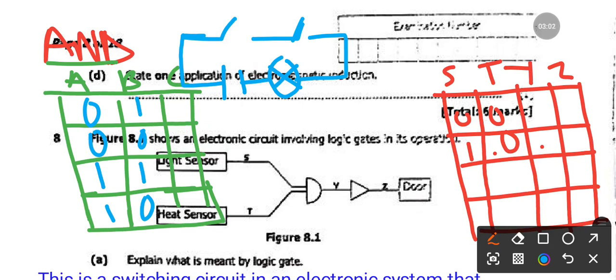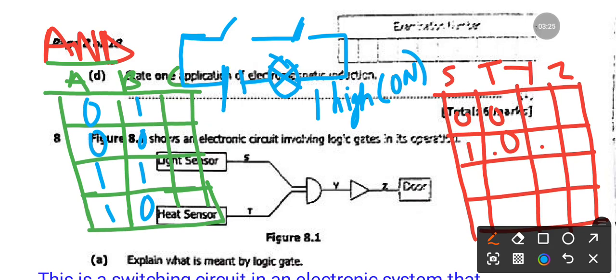If the bulb lights up, it means that the output is 1, because we earlier cited that 1 means high, which we can think of as being on. So if the bulb is on, then the output is 1.